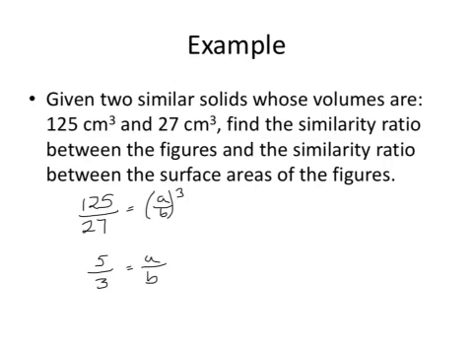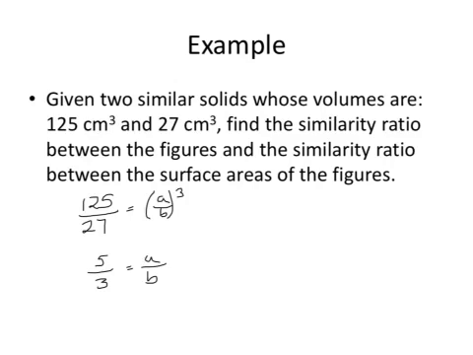And that's a similarity ratio between the figures, okay? And so each individual dimension of those figures will have a ratio of 5/3. And remember, because this is greater than 1, we're going from smaller to larger. If we were going larger to smaller, it would be 3/5, the reciprocal.